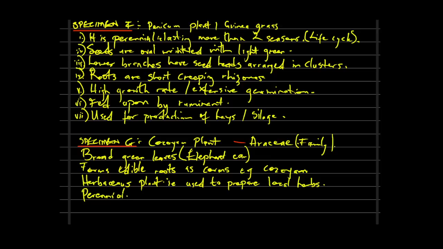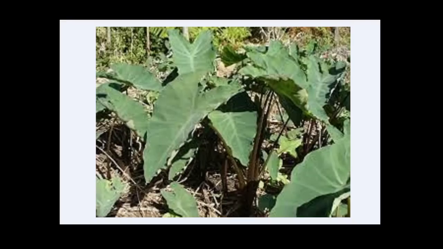It is an example of a perennial crop, telling us that it lasts longer than two planting seasons. So that is what specimen G is about, and we can see the picture right here.